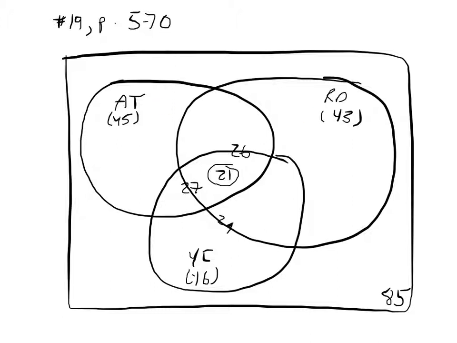So automatic transmission, rear-wheel drive, I've got 26 in that section. So the question then is, if we also know that there are 21 cars with all three features, can we find out what these missing regions are?